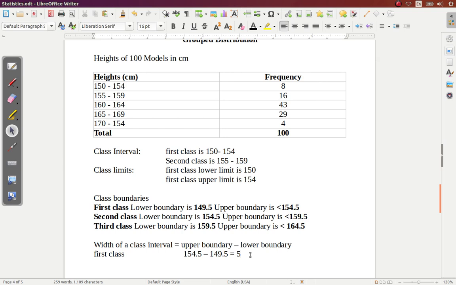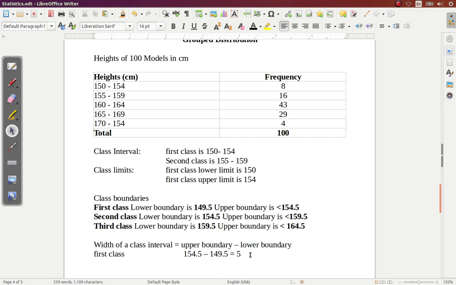So remember, the class interval is really the numbers that you're looking at. The class limits are the end numbers. The higher number is the upper limit, the lower number is the lower limit. As for the class boundaries, the lower boundary is the lowest value that you could have measured before rounding it up to what you see in the table.